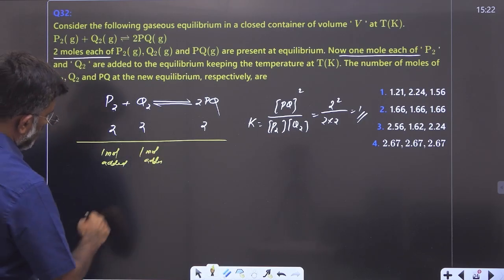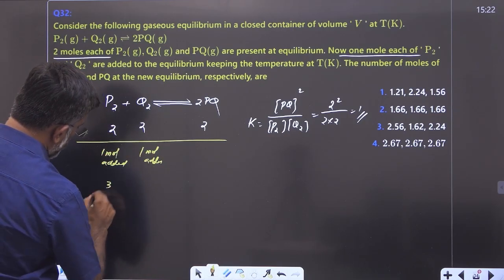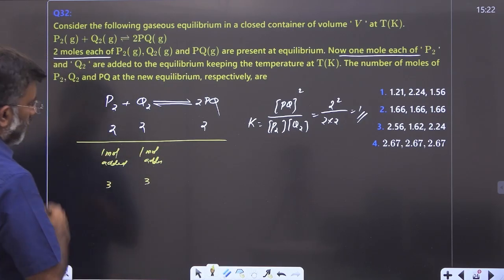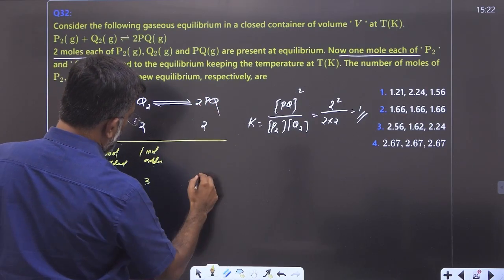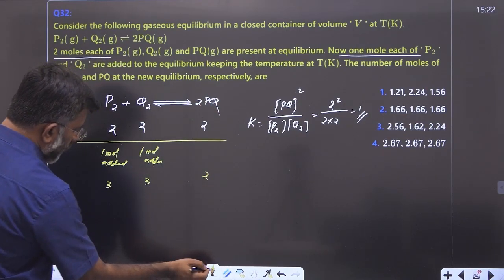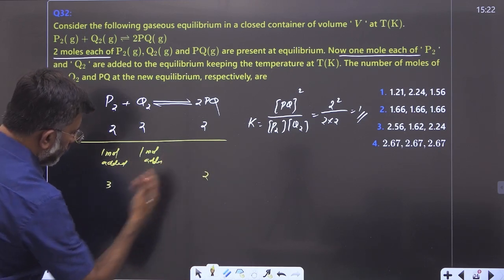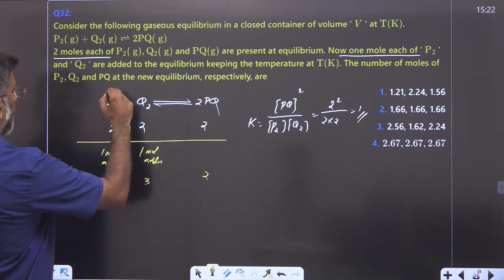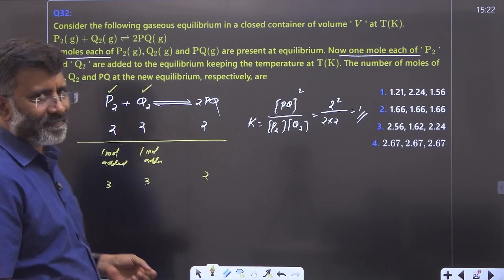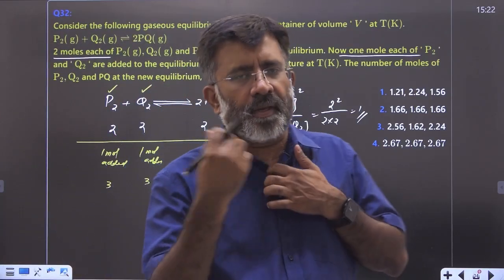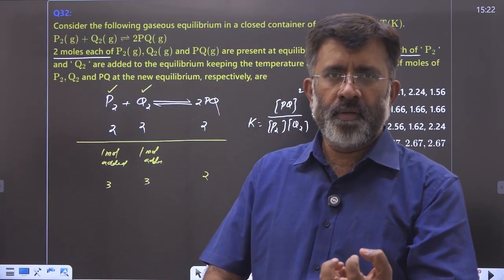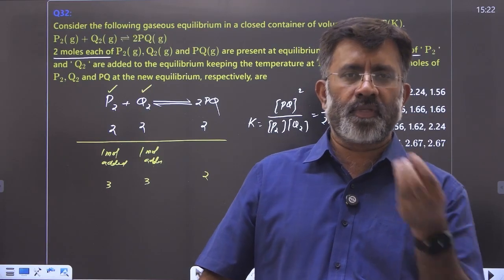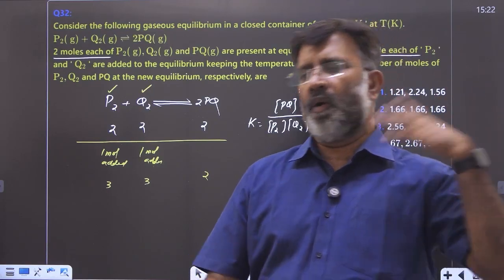So, the new situation will be 2 plus 1, 3 moles here, 3 moles here, and what is here? Here, what we have is 2 mole. So what will happen is some quantity will be converted to product. So we are adding 1 mole each P and Q. Out of that, it is trying to attain a new equilibrium. Some quantity will be converted to product side.